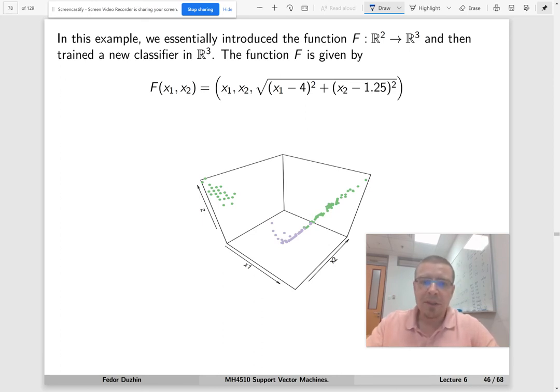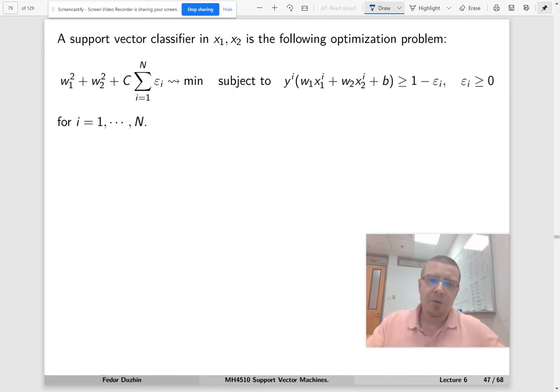So let us review what happened here. We came up with this function that transforms our data that originally lives in the 2D space to three-dimensional data. Now instead of looking at the original data, we are going to look at the image under this function in the 3D space. The original support vector classifier with two variables means that we are finding W1 and W2.